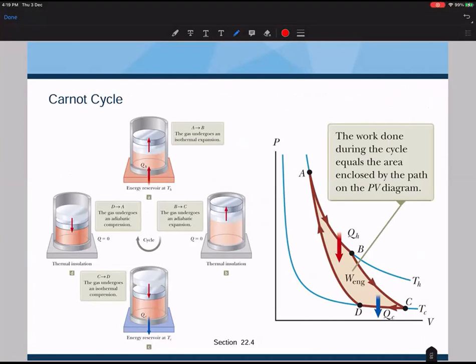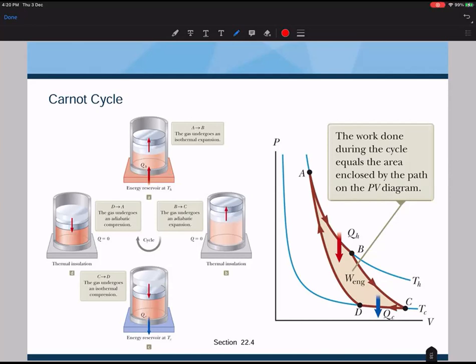The starting point and the end points are A, B, C, and D. If you have a cycle that runs as an engine, you would be running this cycle in the clockwise direction, because that would give you an area that is positive, and the work done by the cycle would be negative, and that means the engine would be doing work to the surrounding, and that is exactly what we want.